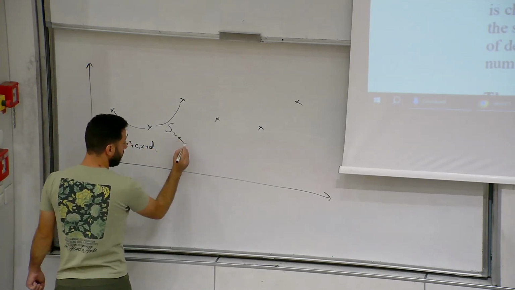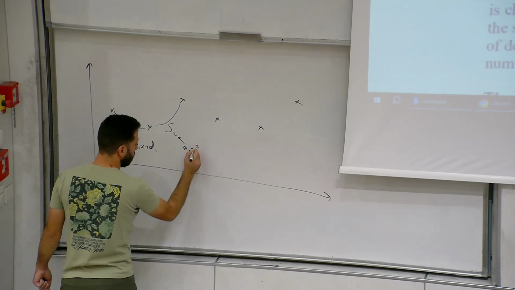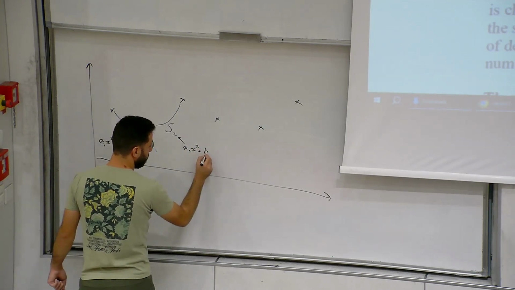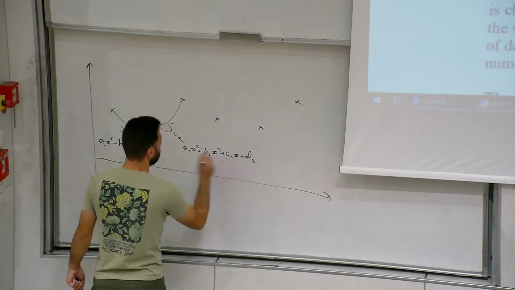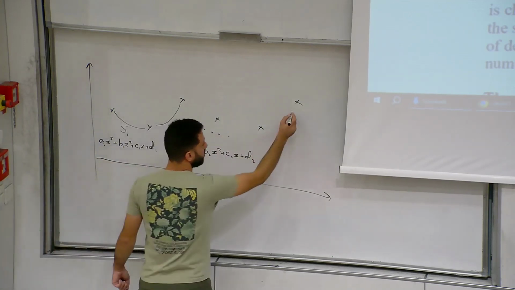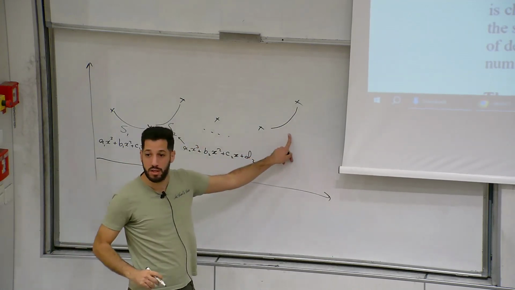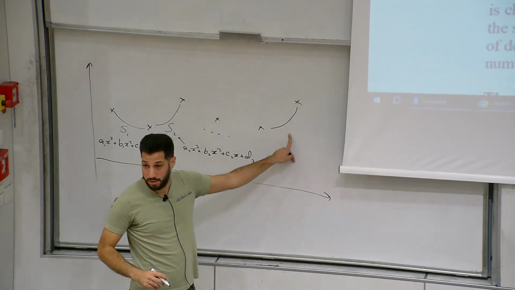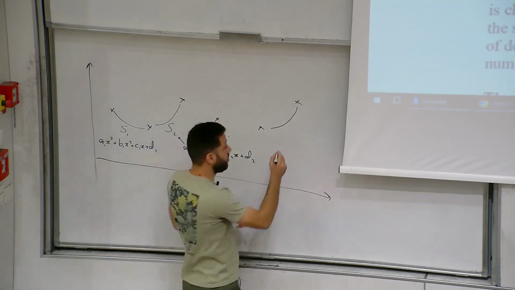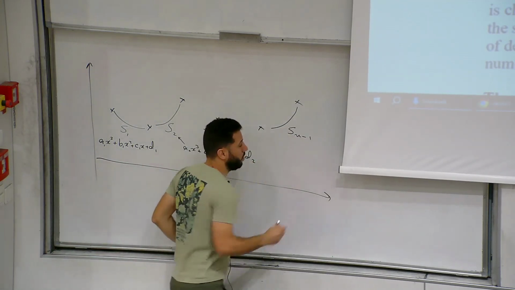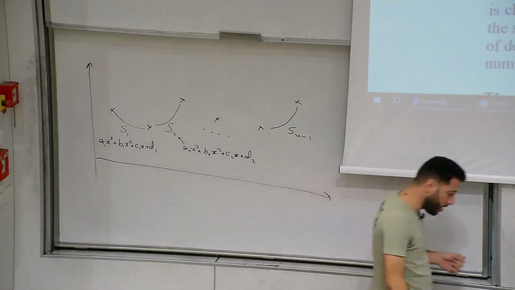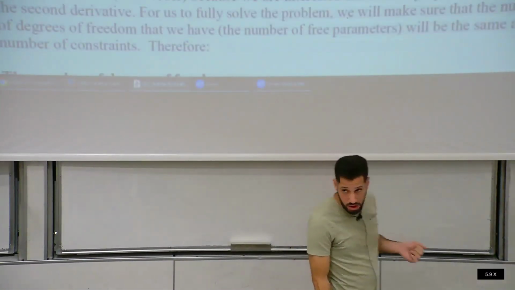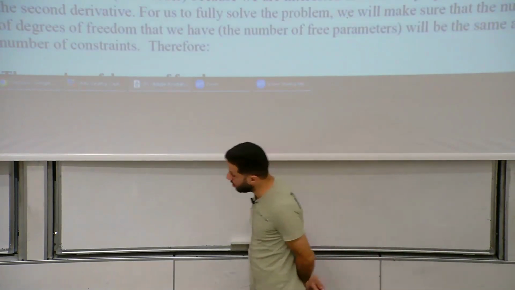And this S2 is A2 x cubed plus B2 x squared plus C2 x plus D2. And the last S will be Sn minus 1. And I impose some boundary conditions on these polynomials.